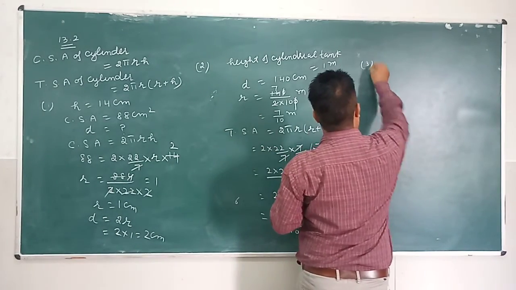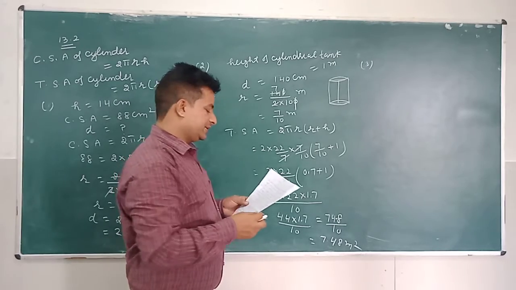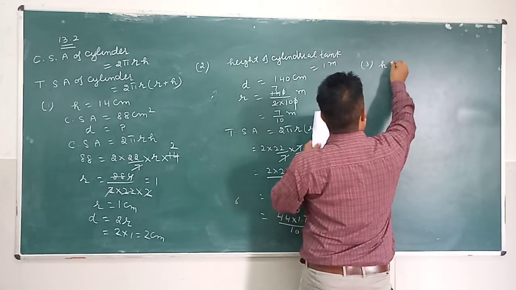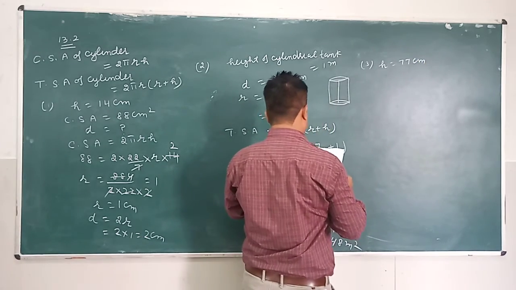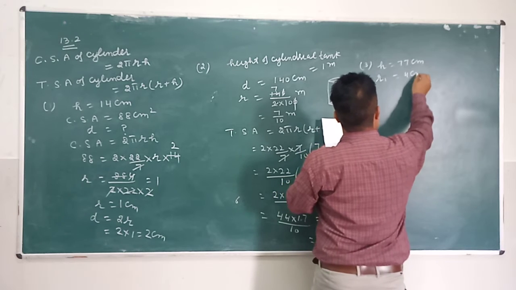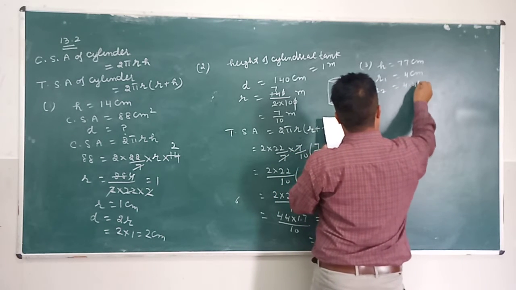This is the total surface area. In question number 3, the statement is: a metal pipe 77 centimeter long, this means the height is 77 centimeter. The inner diameter of the section is 4 and outer diameter is 4.4.